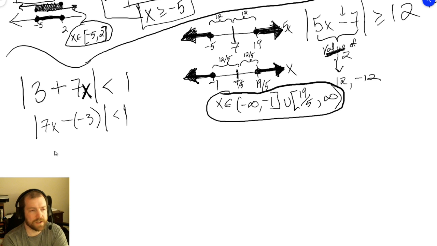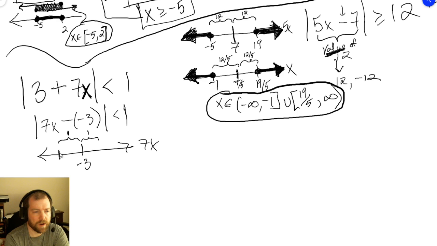And here in this case, this is going to tell you that the distance between some unknown 7x and the value negative 3 is going to be no more, in fact, less than 1 away. So 1 in either direction is going to make a negative 2 up or a negative 4 down.